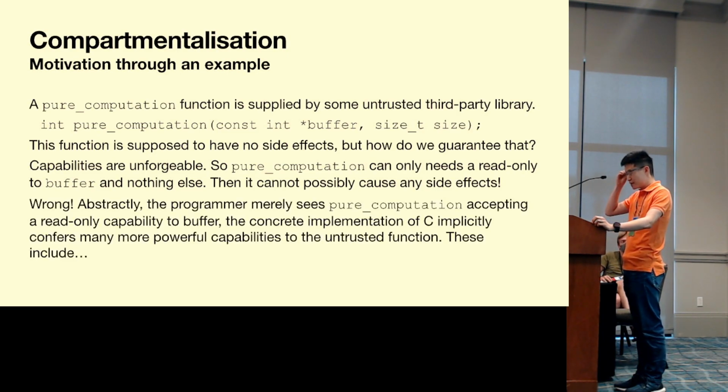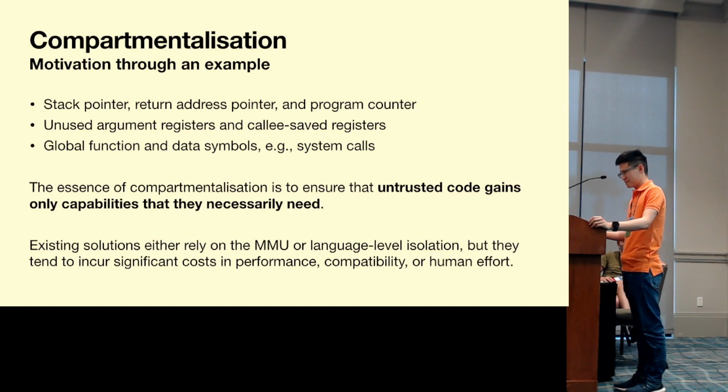Well, this is wrong, because abstractly, the programmer merely sees pure computation, accepting a read-only capability to this buffer. The concrete implementation of C implicitly confers many more powerful capabilities to the untrusted function. These include the stack pointer, the return address pointer, program counter, and unused argument registers and callee-saved registers, the global function and data symbols such as system calls that this function might invoke.